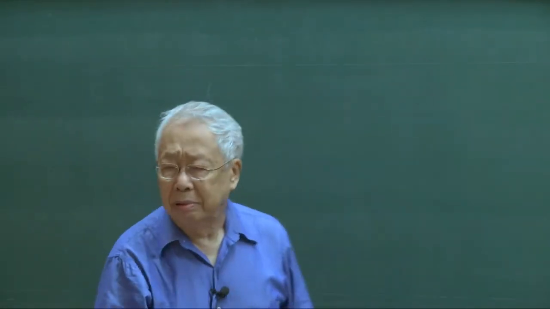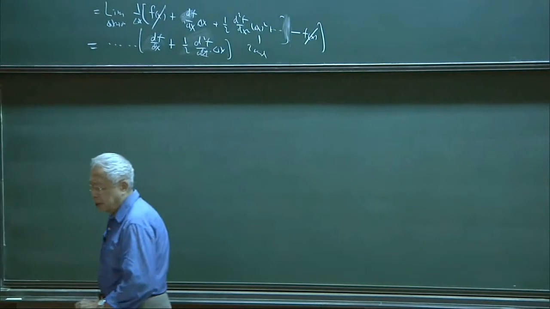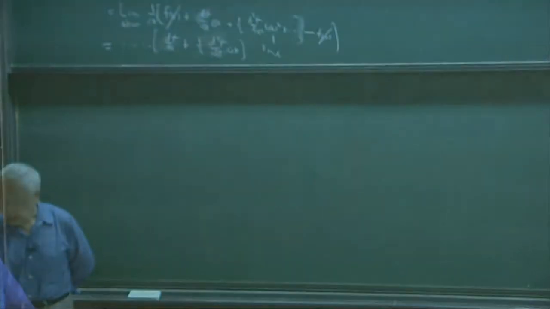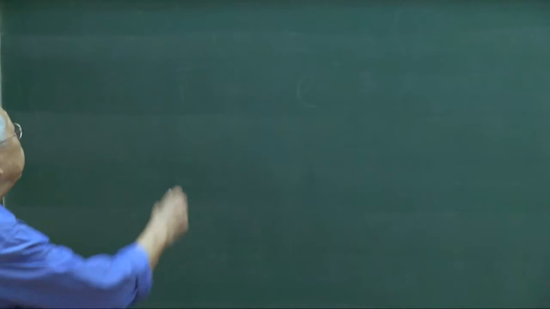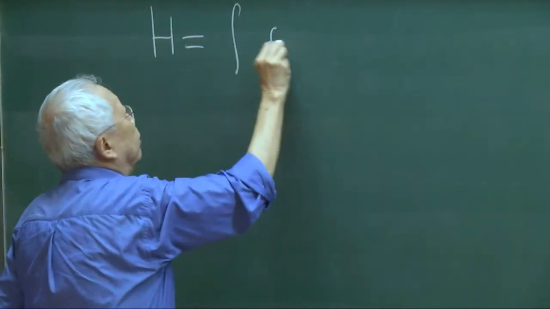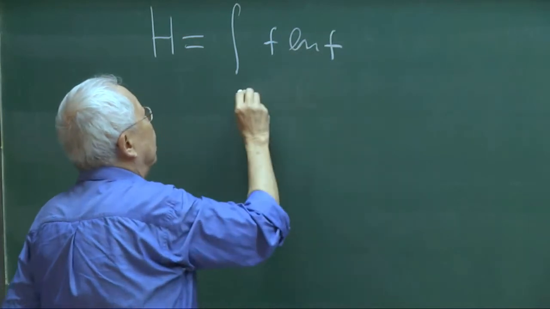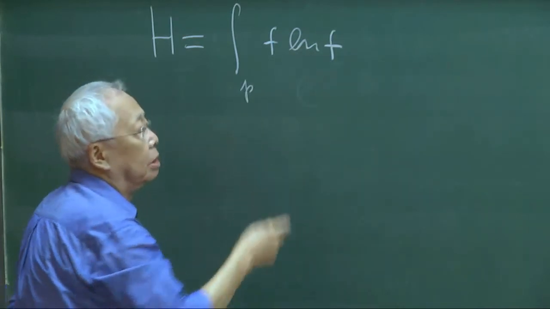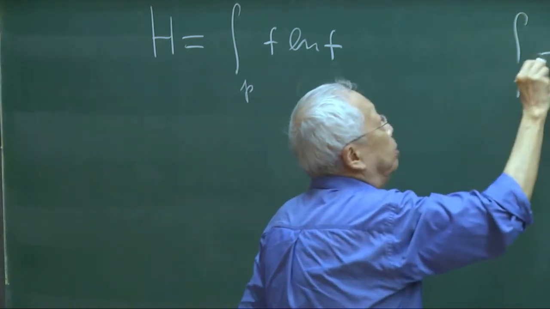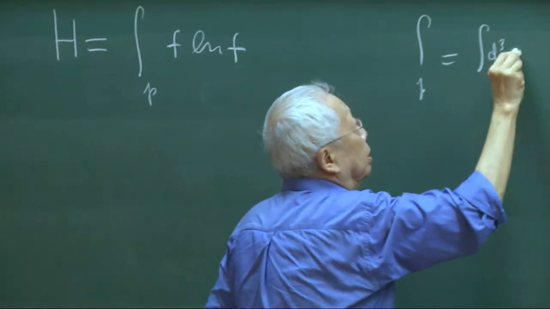The second point is that I did not quite derive the fact that this H always has a derivative that is smaller or equal to 0. So let me finish the derivation. Boltzmann's H is the integral of f log f, integral over p. I'm using a shorthand to save writing, so when I say the integral over p, it means integral d3p.